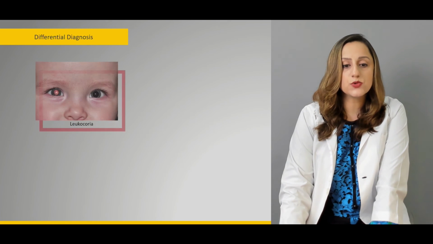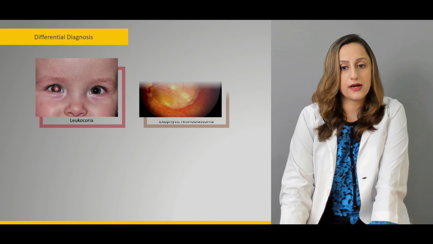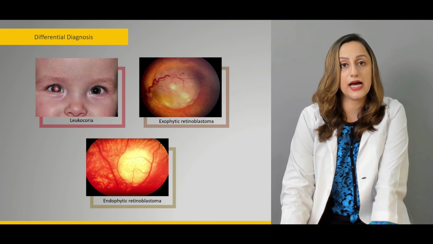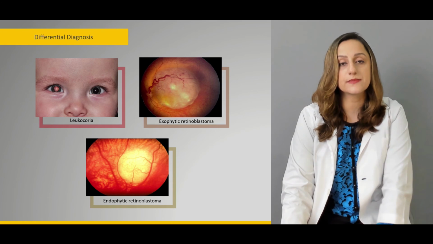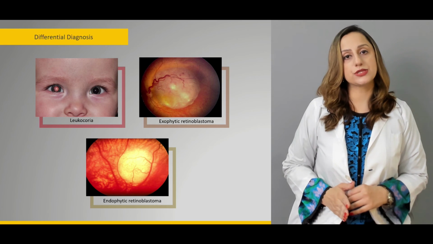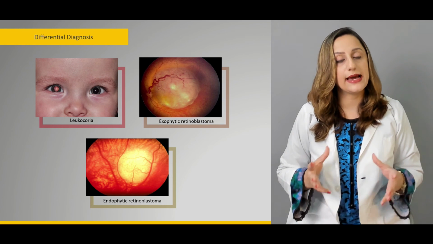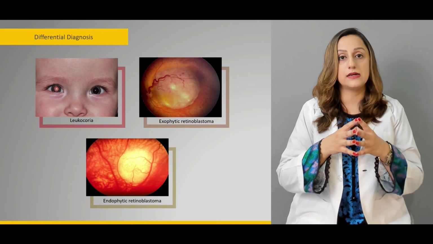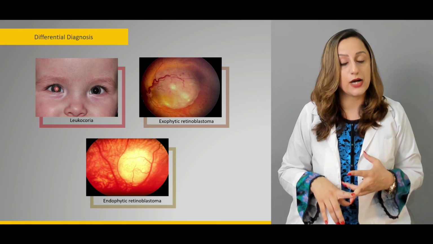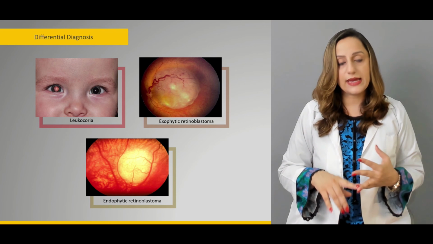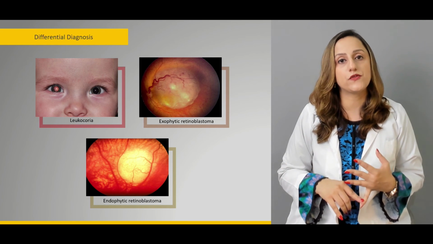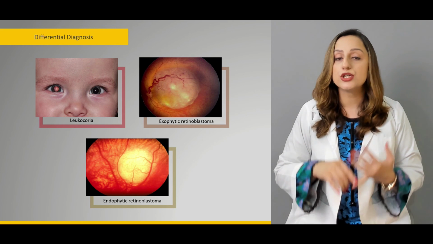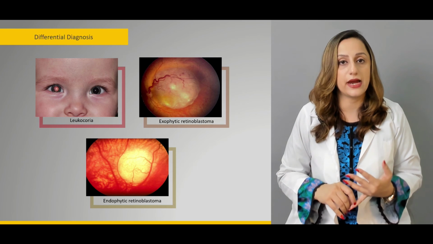The differential diagnosis would consist of leukocoria, exophytic retinoblastomas, and finally endophytic retinoblastomas. The differential diagnosis of leukocoria includes congenital cataract, cyclitis, choroiditis, retinopathy of prematurity, or the patient can also suffer from toxocariasis.